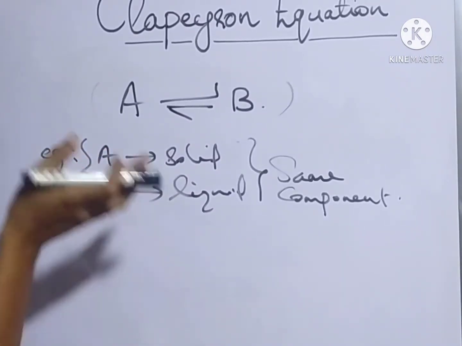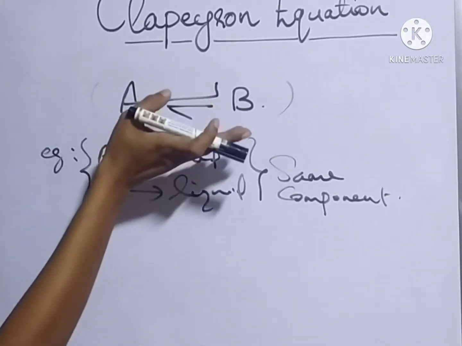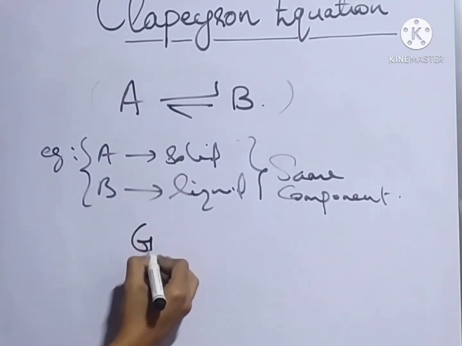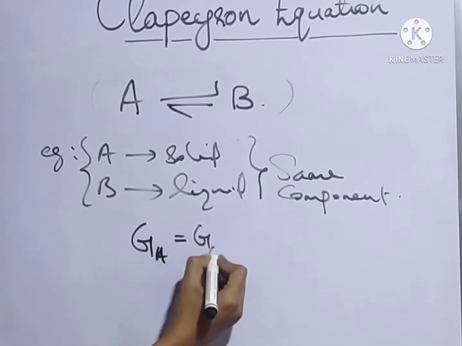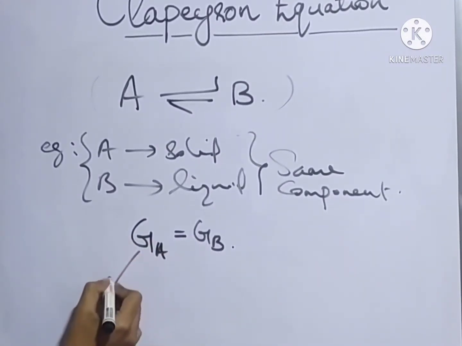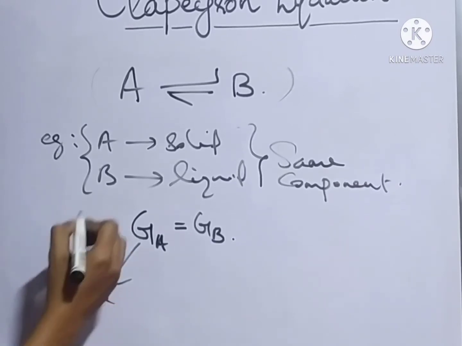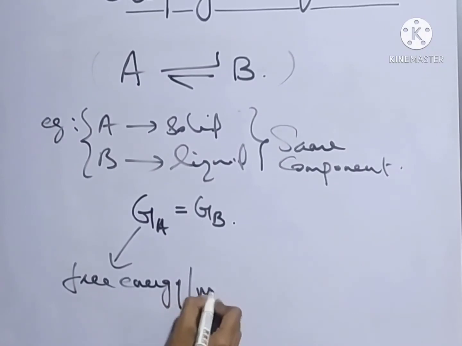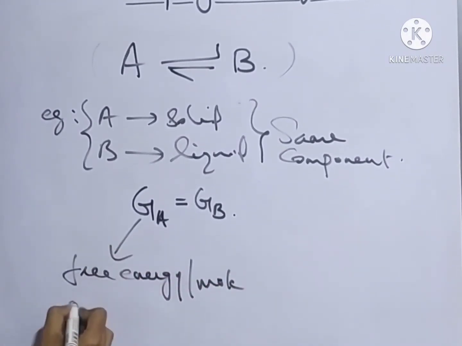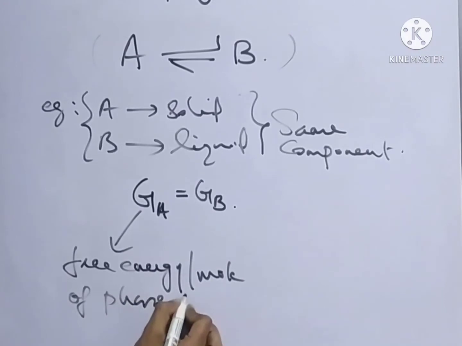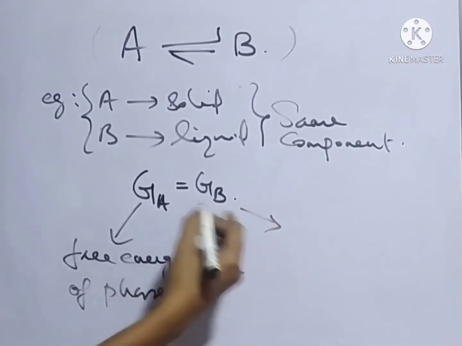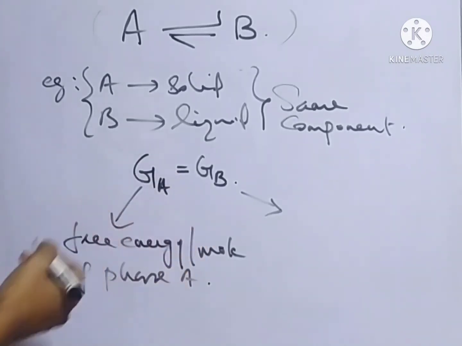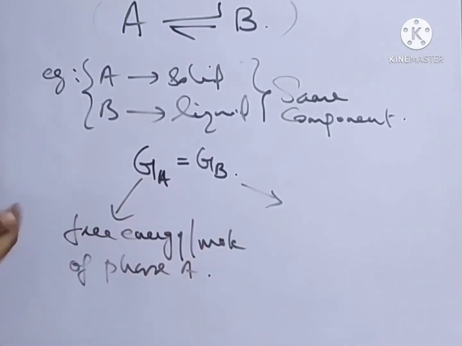We can say the free energy of these two phases per mole are equal. That is, we can write it as GA equal to GB. Here, this is the free energy per mole of the phase A. Same way, this is the free energy per mole of phase B. So at equilibrium, these two are equal.